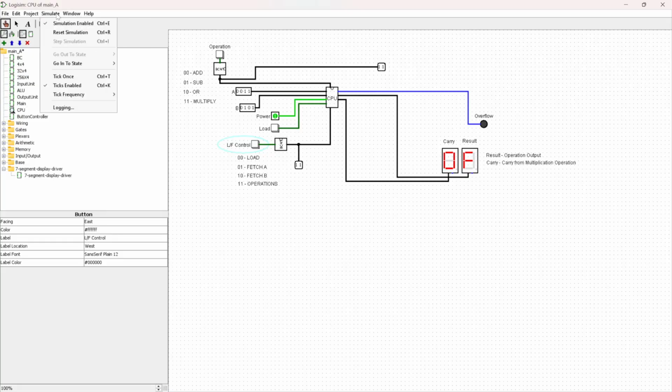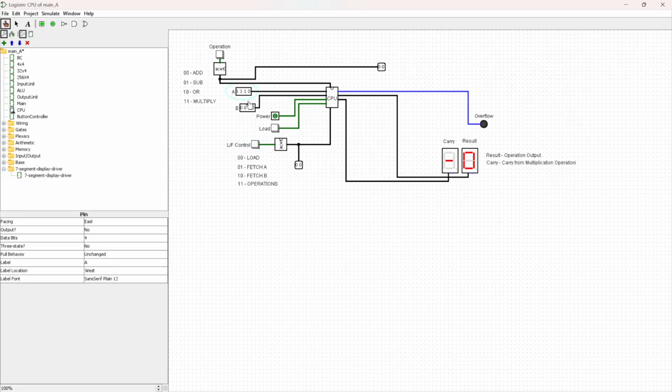But what if I want to do multiplications of, for example, -2 times -2, so it will output 4, right? -2 times -2, yeah. -2 is 1, 1, 1, 0, and 1, 1, 1, 0.